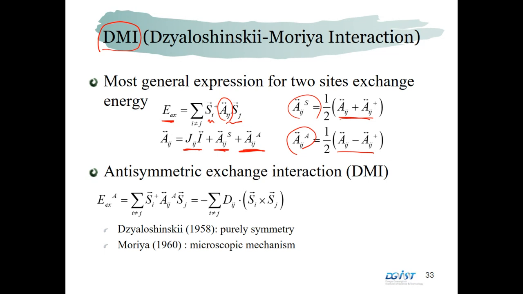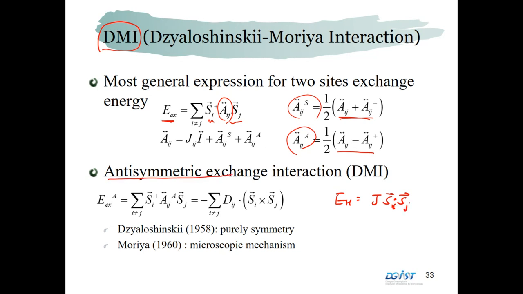So this kind of expression is very general. In many cases, the crystal structure has a symmetry, so this antisymmetric part will generally disappear. But sometimes, if we have a symmetry breaking, this antisymmetric part can survive. And the symmetric part gives us the Heisenberg exchange coupling, so they have just a simple inner product.